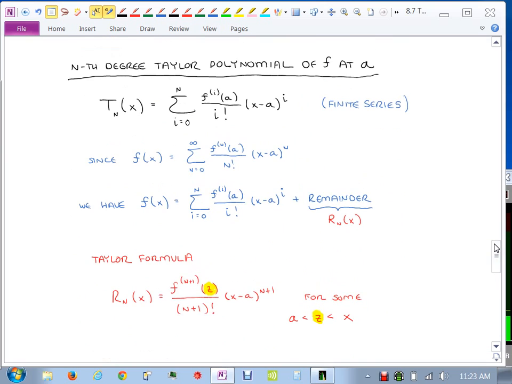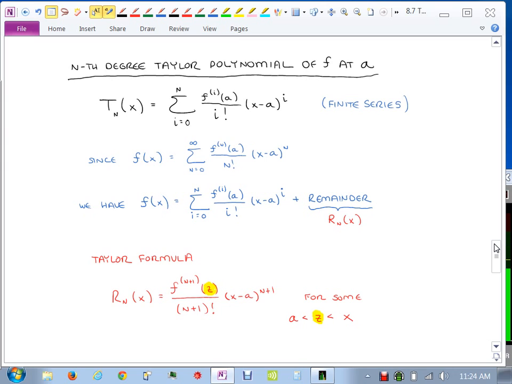Now, a true Taylor series goes from n equals 0 to infinity, all right? True Taylor, it's an infinite series. But we can get what's called the nth degree Taylor polynomial, which is basically an approximation. You know how I've been talking about with series, we can go as far as we need to go to get as close as we need to get?